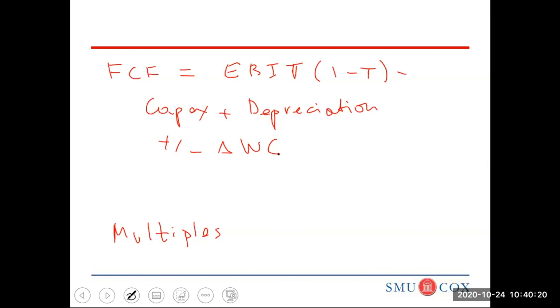Typically when the company grows, its working capital also grows. If in one year you had $100 in working capital and a year later you had $110, then that change is $10, and that $10 goes into your cash flow. So it's just the change in net working capital.